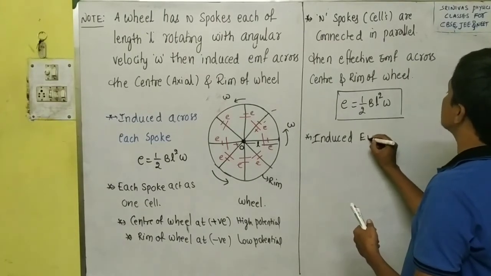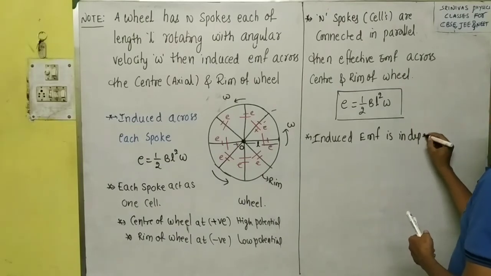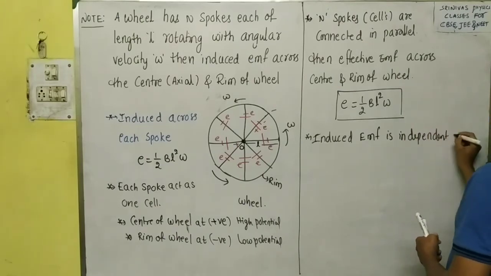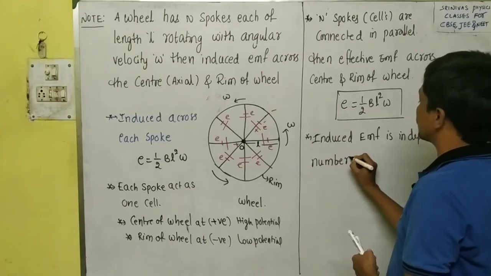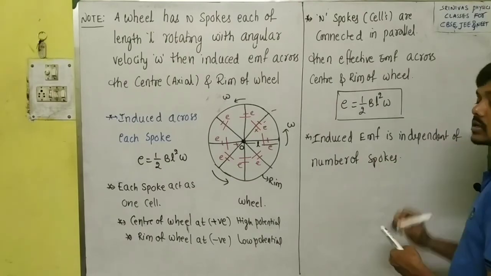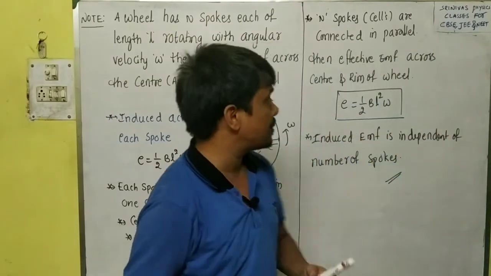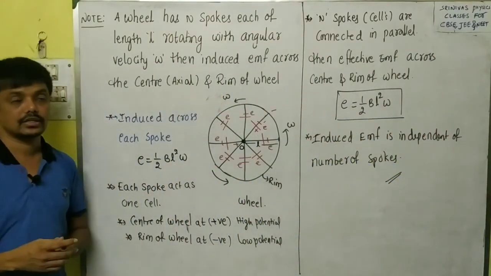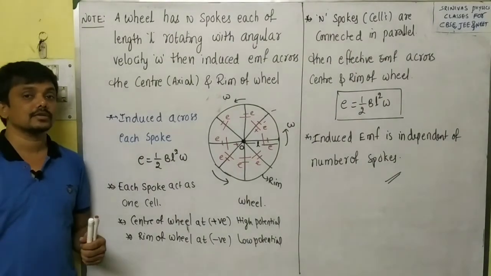That means the induced EMF is independent of the number of spokes. This is our note point, the important point. Based on that, the problem is very important. Note it and take the screenshot, and I will explain the problem.